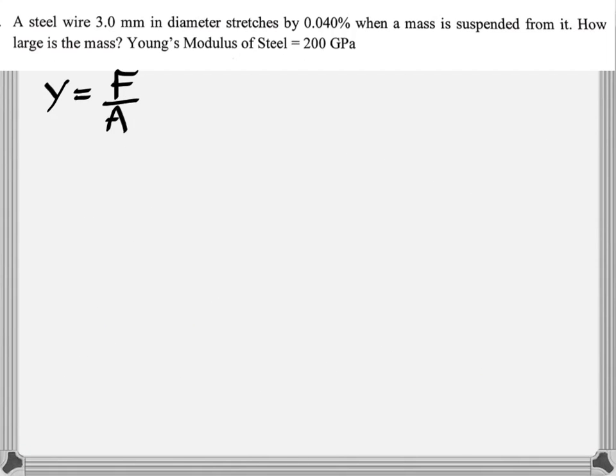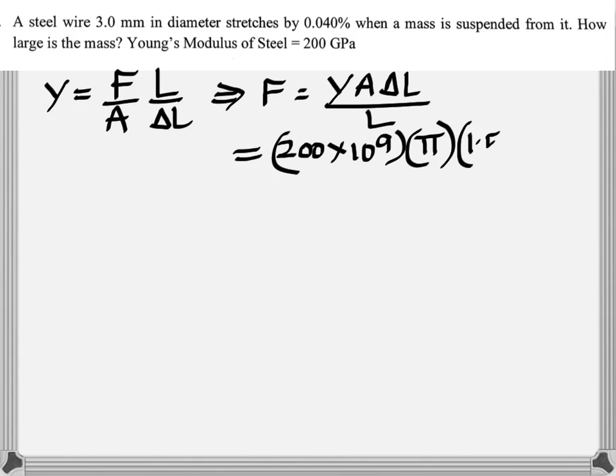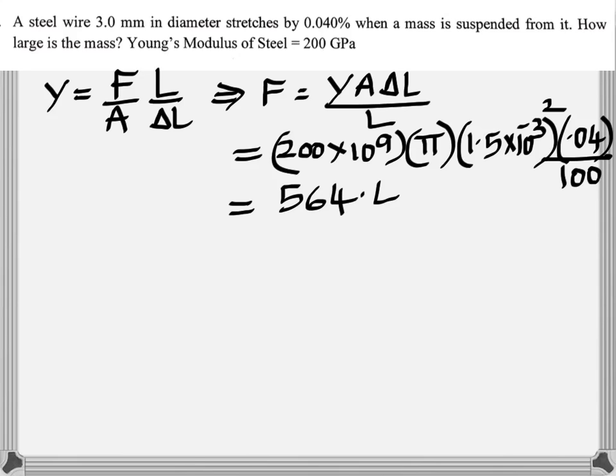Young's modulus, it is a pretty straightforward question. Got to remember that what's given is the ratio of the change in length to the original length times 100. So that's what you find there, 0.04 by 100.